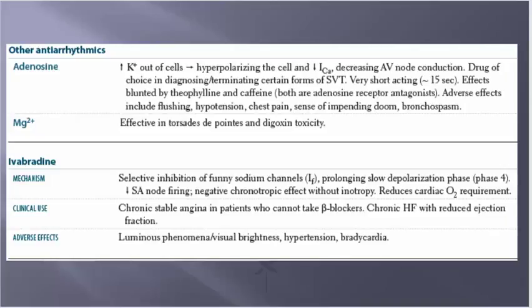Effects are blunted by theophylline and caffeine, both adenosine receptor antagonists. Adverse effects include flushing, hypotension, chest pain, sense of impending doom, bronchospasm. Magnesium, Mg2+, is effective in Torsades de Pointes and digoxin toxicity.